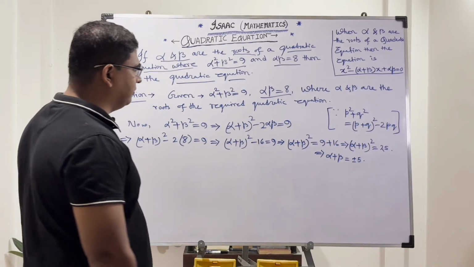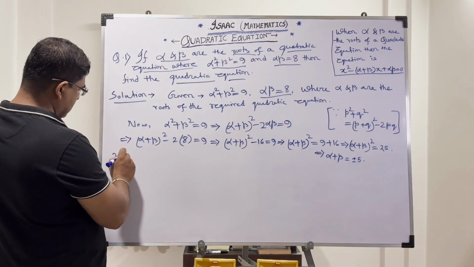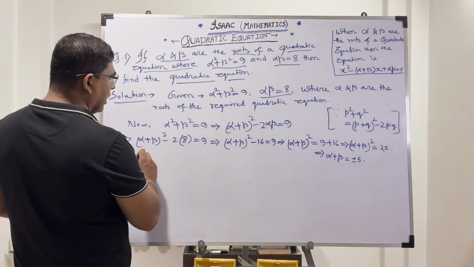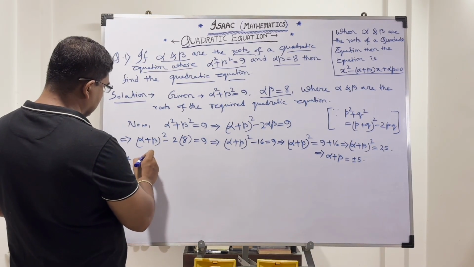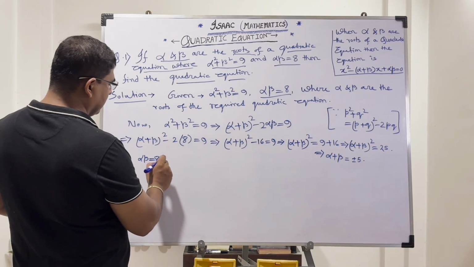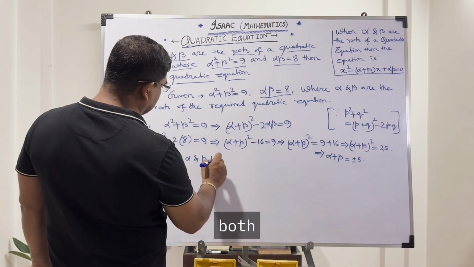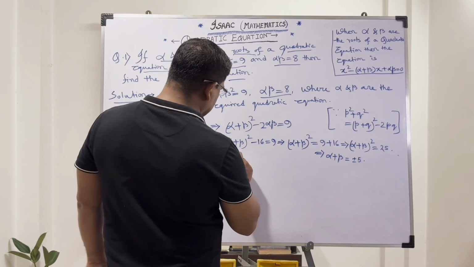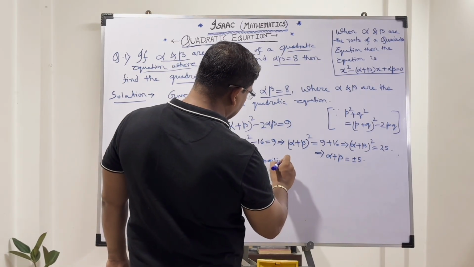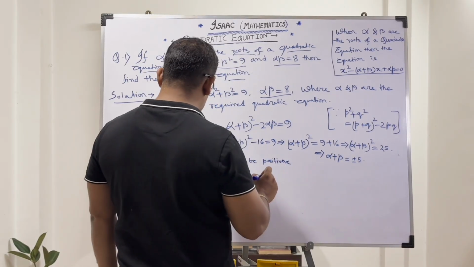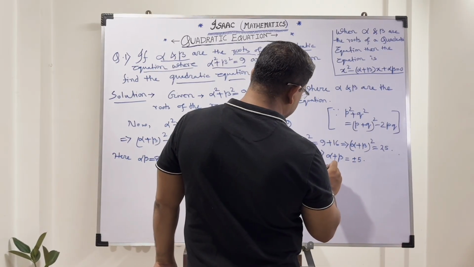Here alpha into beta equals 8, so alpha and beta both may be positive or negative.